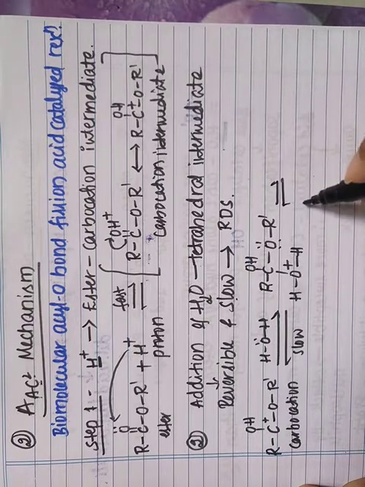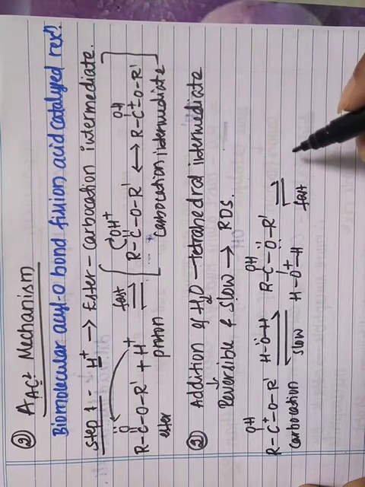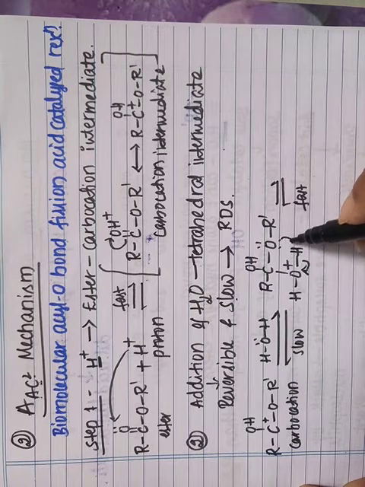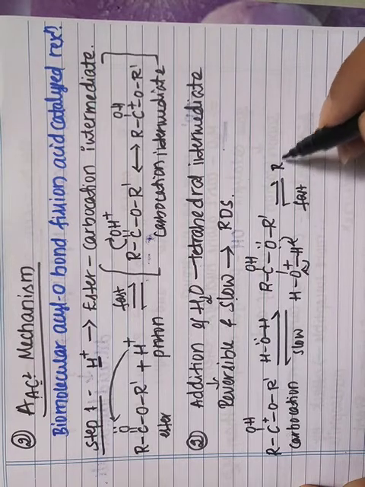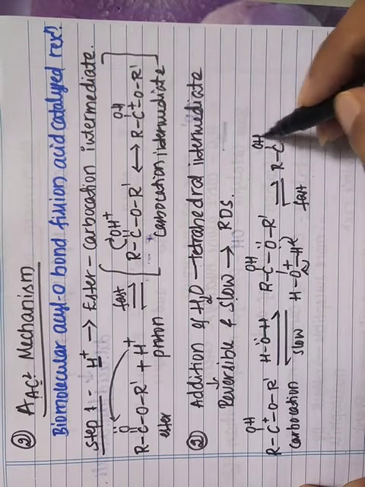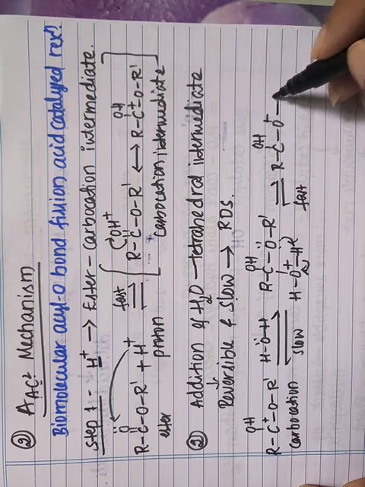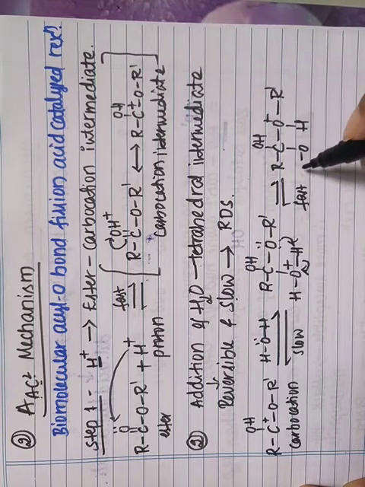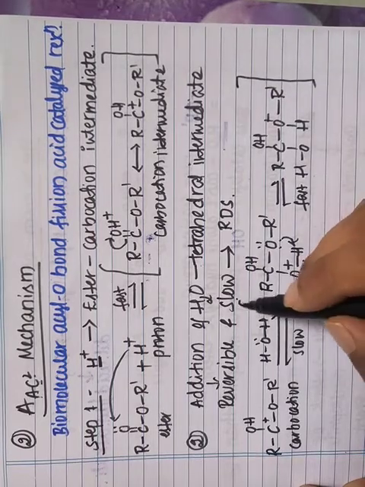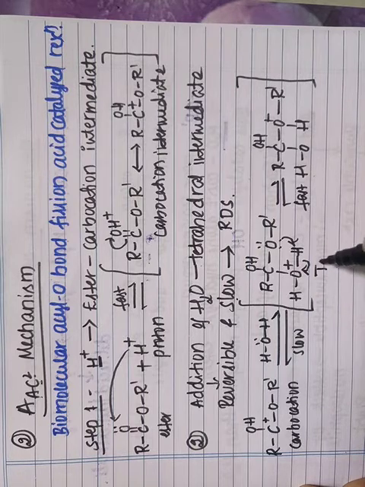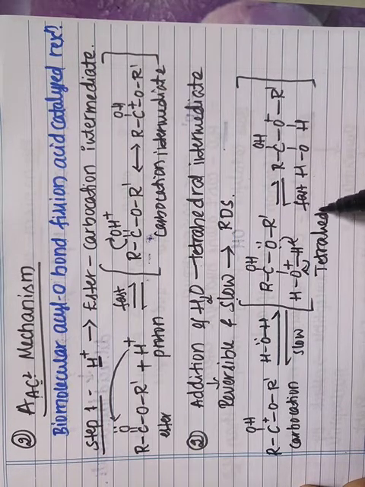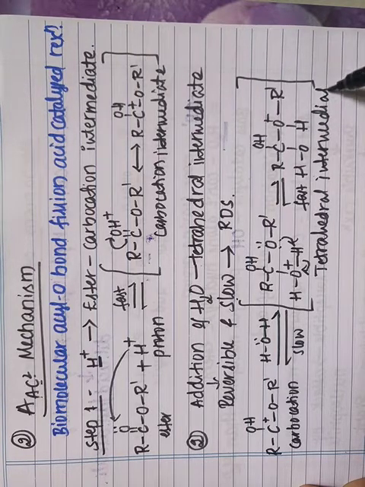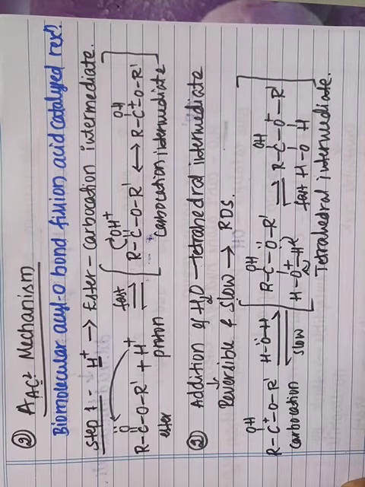This step is fast. So this is the tetrahedral intermediate.